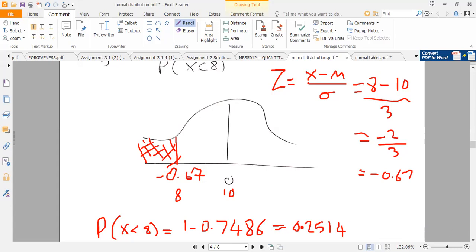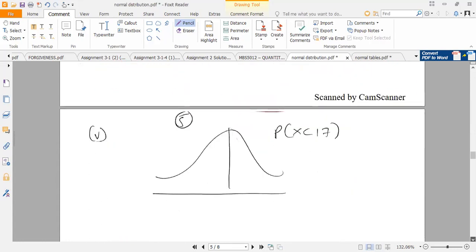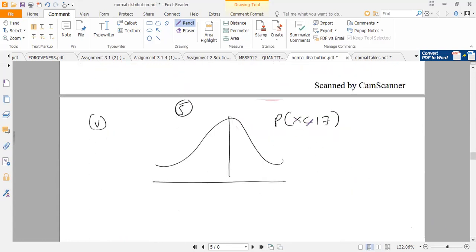All right. Now, sometimes you'll be asked to find the value of x. What is the value of x for which x is greater than 2%?